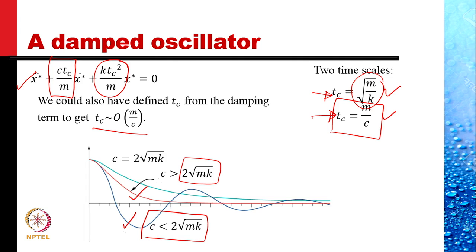So this is when this characteristic time dominates, it is a lower value. So damping takes over before the vibrations take place. And this line is what is called the critical damping. This separates the 2 domains.